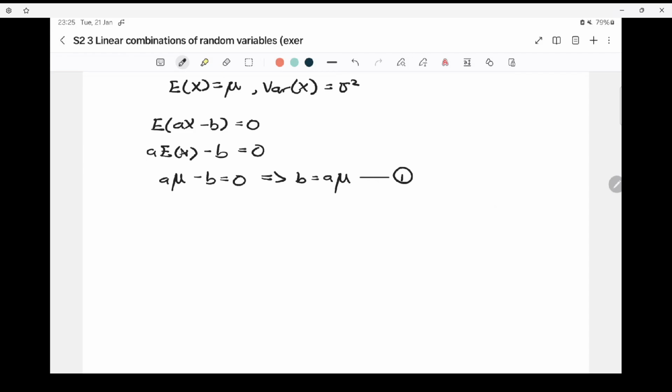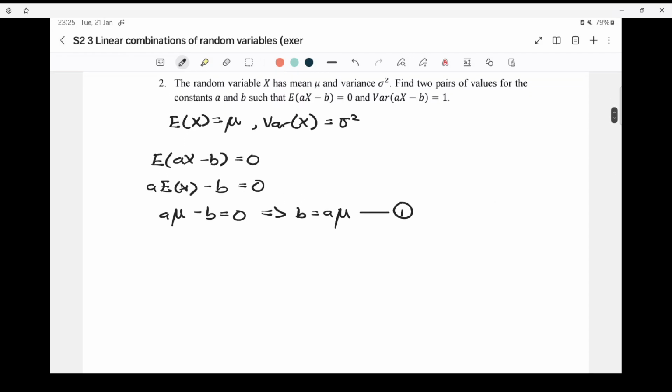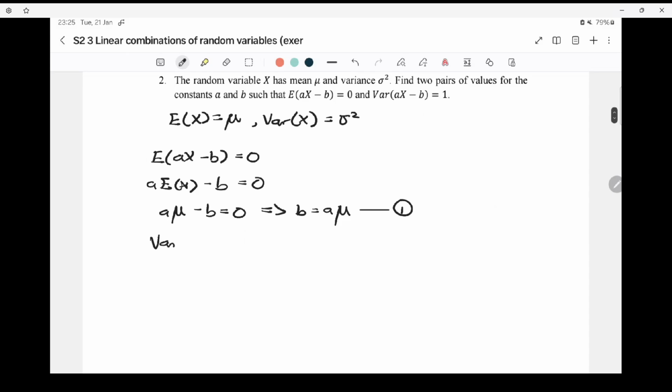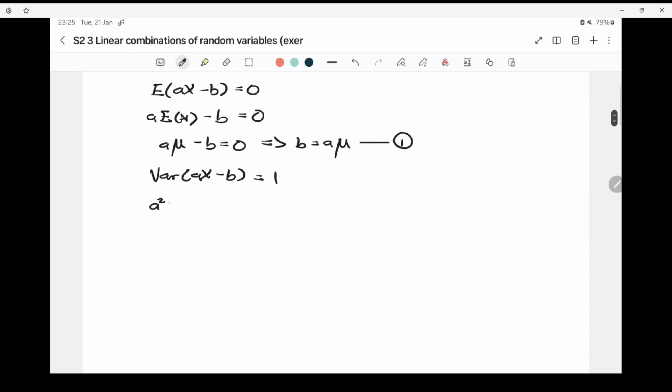The second equation that you can form is from the variance. Variance of (ax minus b) equals 1. So this will be a squared, the variance of x equals 1. So a squared sigma squared equals 1. This means that a would be plus or minus 1 over sigma.